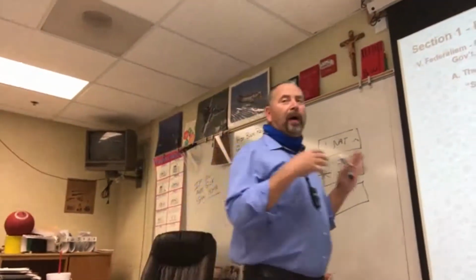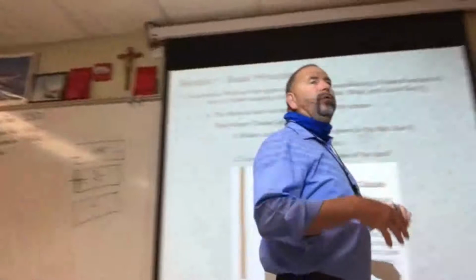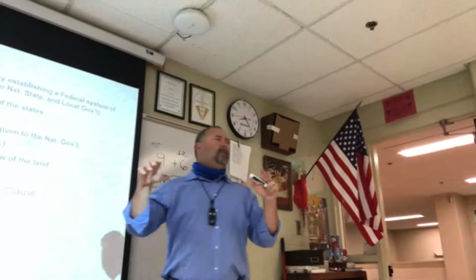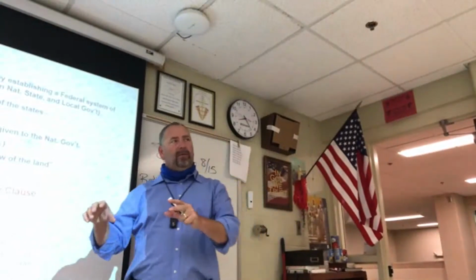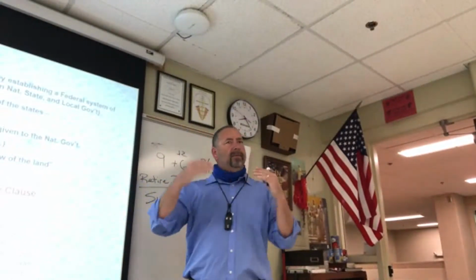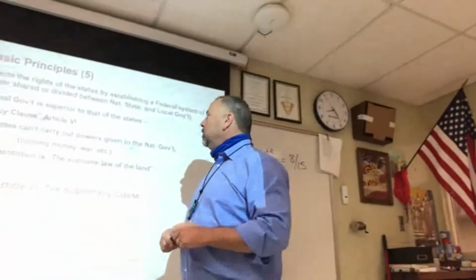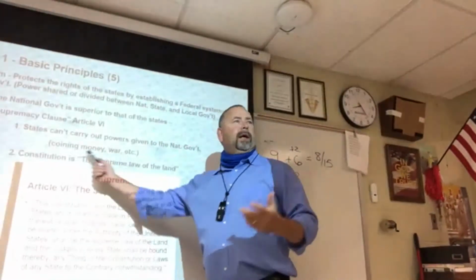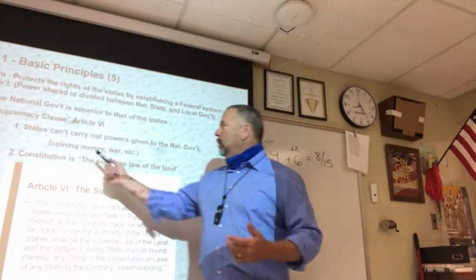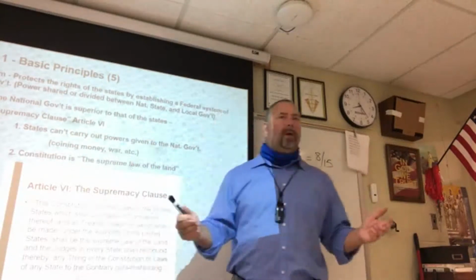So when we get to federalism next chapter, we'll dive into some of those powers that are granted just to the national government, just to the states and local governments, and ones they share. Okay? So, just quick examples here. Kansas cannot print its own money.